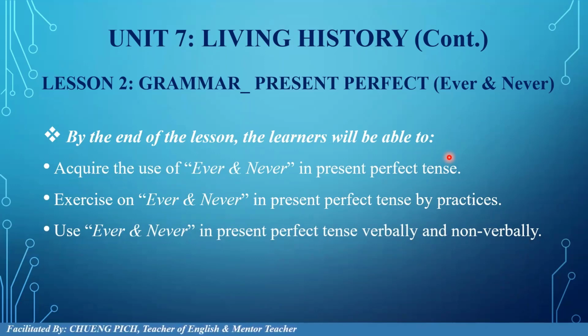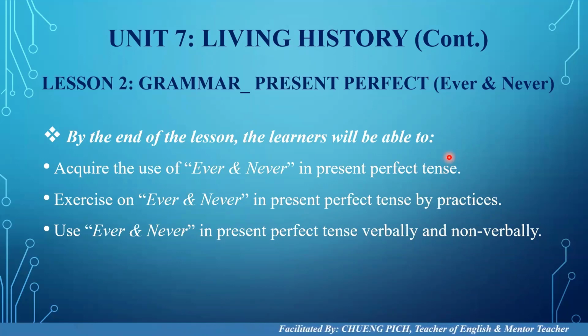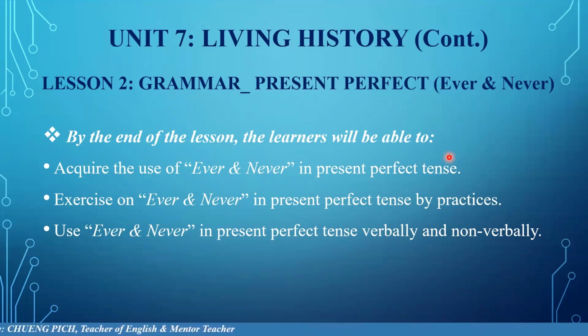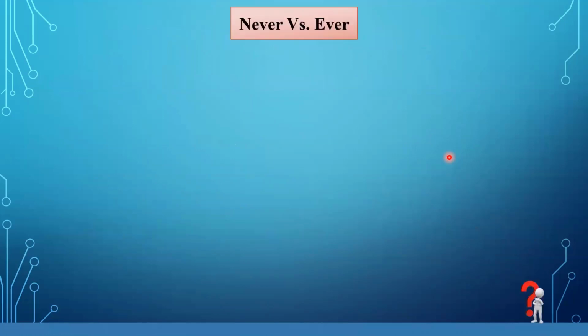You will be able to use ever and never in present perfect tense verbally and non-verbally, meaning that you can use it to write, to communicate, to talk with other people. Okay, so without further delay, please move to what we are focusing on now.